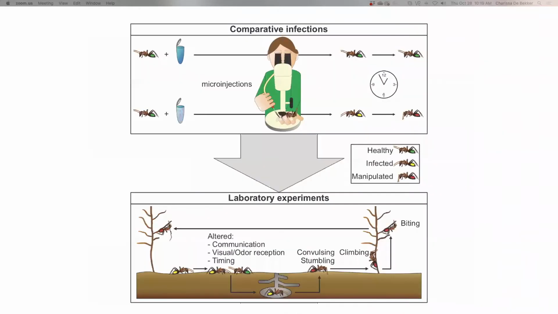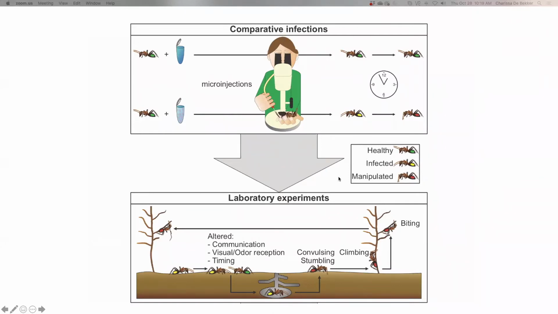So all of our studies basically start with us doing microinjections in our ants, either injecting those ants with fungal tissue or injecting them with a media in which we normally would keep and grow that fungal tissue as a control. So these are our sham infections.